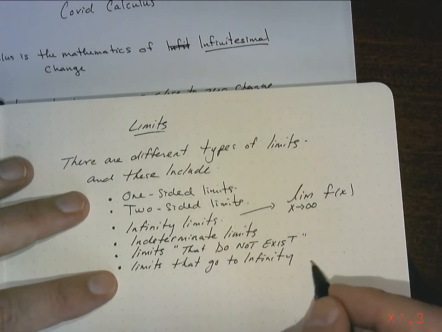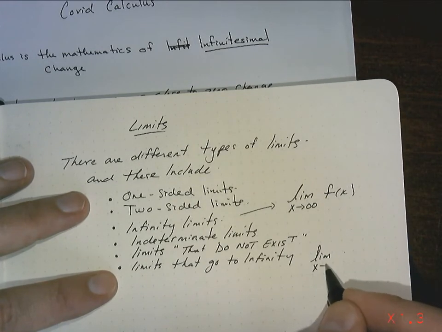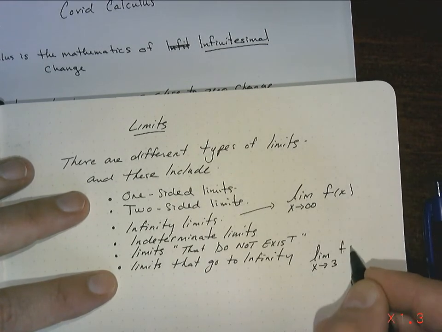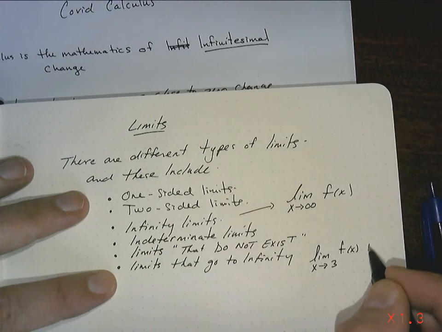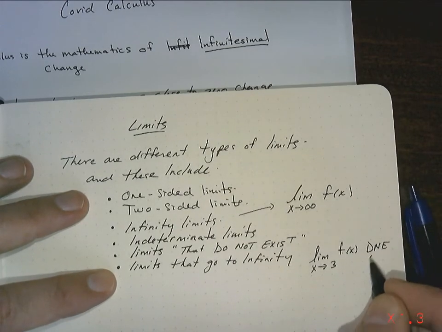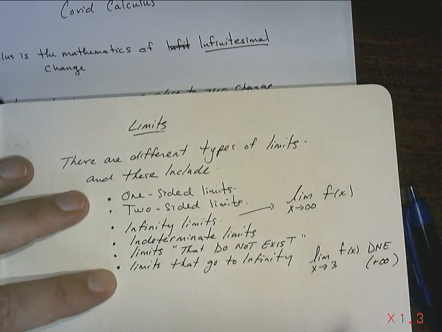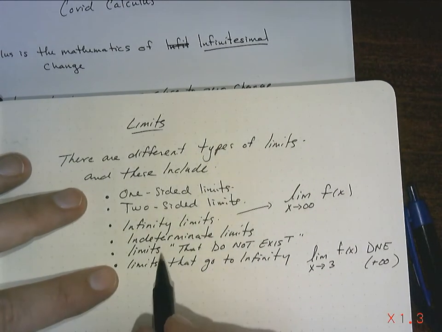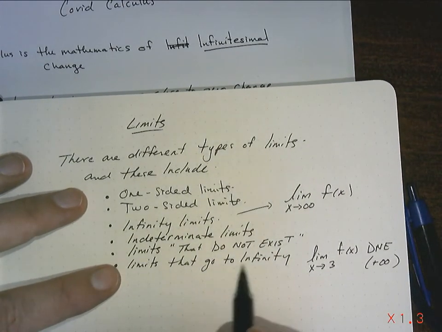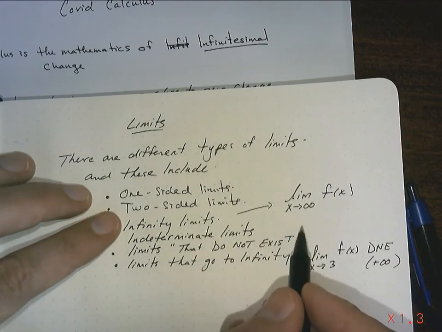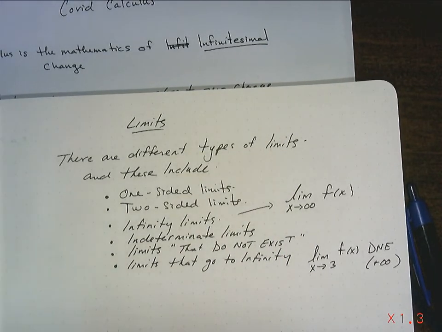And we're going to have limits that are not going to exist, but they're going to go to either positive or negative infinity. And that's the difference. So there's a difference between a limit that goes to infinity and an actual infinity limit. But thank you for bringing that up, and I'm more than happy to talk about that. But yeah, that is a difference.